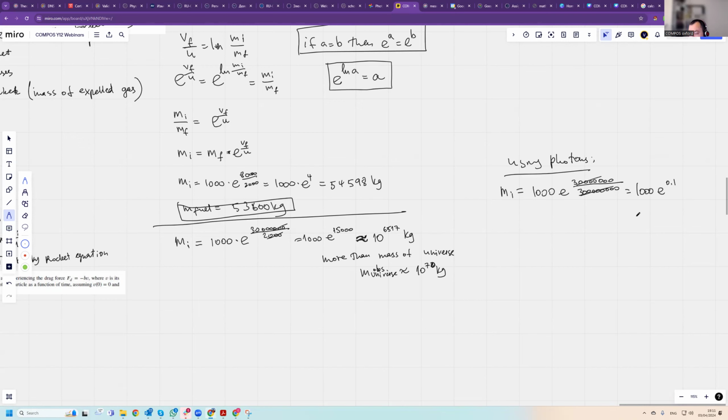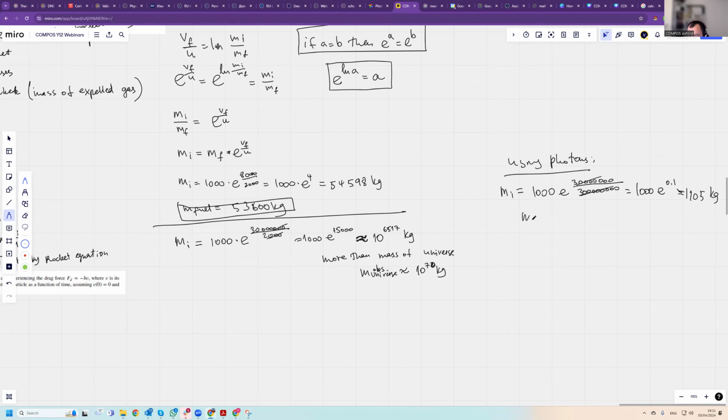So it's 1,000 multiplied by e to the power of 0.1. It's 1,105 kilograms.